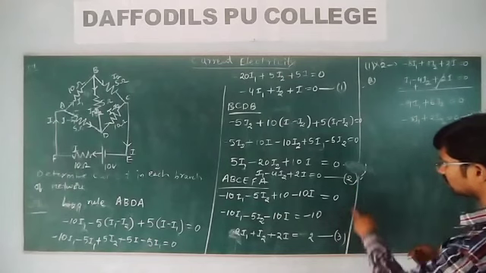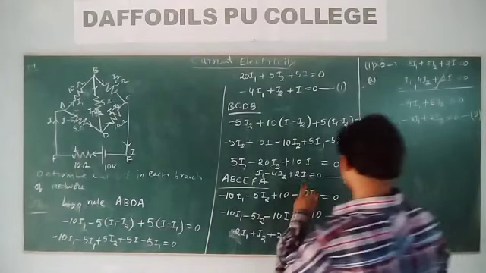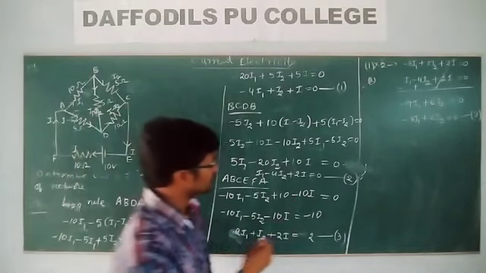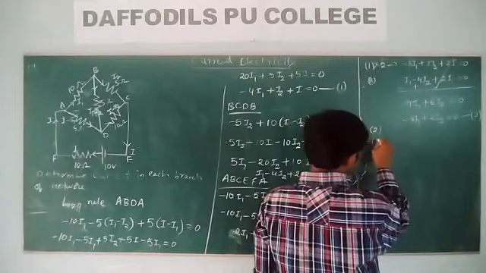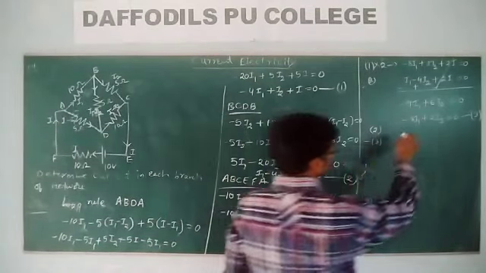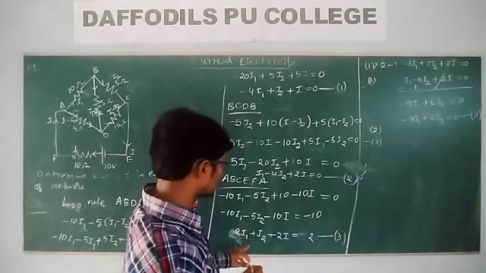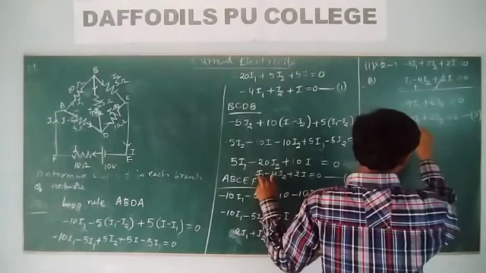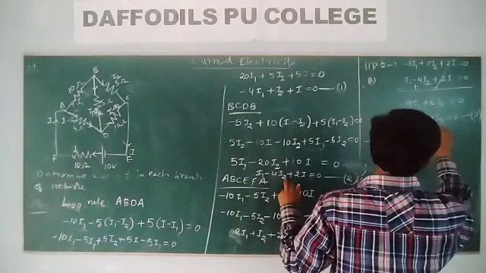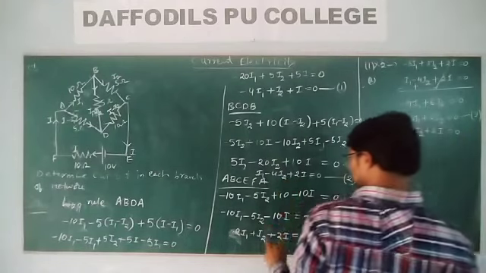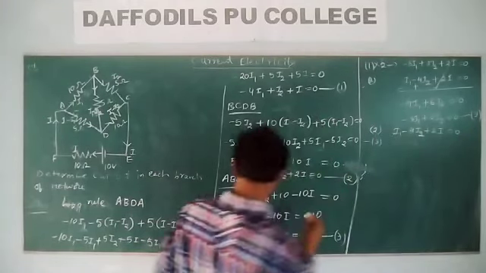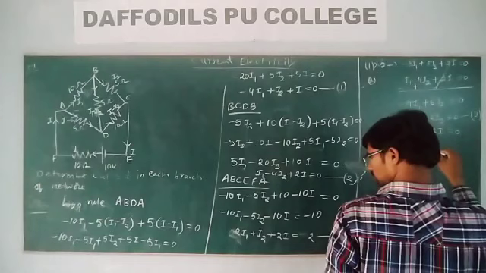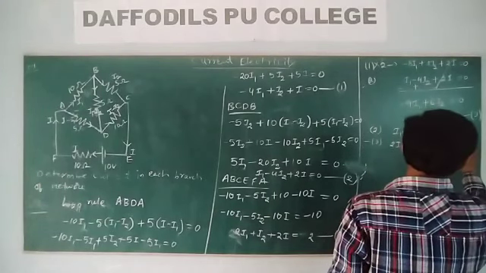Similarly, from equations 2 and 3, let us subtract the third equation from the second one. The second equation is I1 minus 4I2 plus 2I is equal to 0, whereas the other equation is 2I1 plus I2 plus 2I is equal to 2.